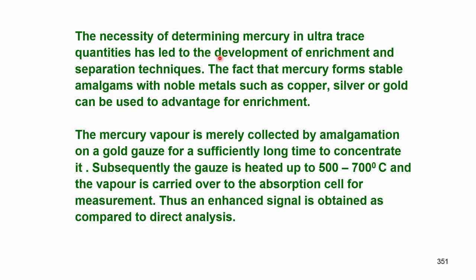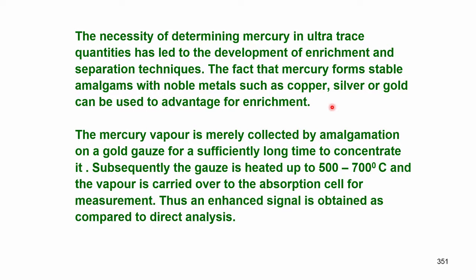The necessity of determining mercury in ultra trace quantities has led to the development of enrichment and separation techniques. The fact that mercury forms stable amalgam with noble metals such as copper, silver, gold can be used to advantage for enrichment. Suppose mercury is in parts per trillion level.